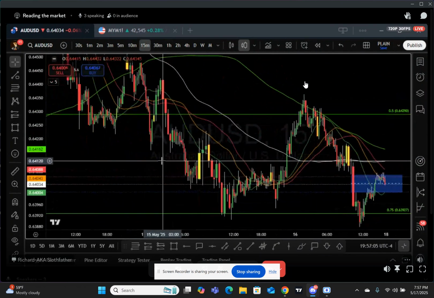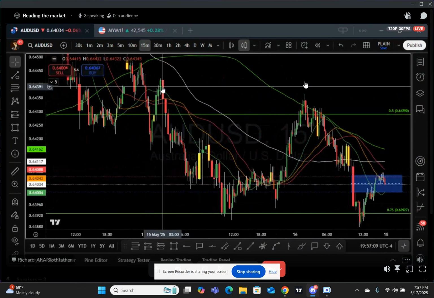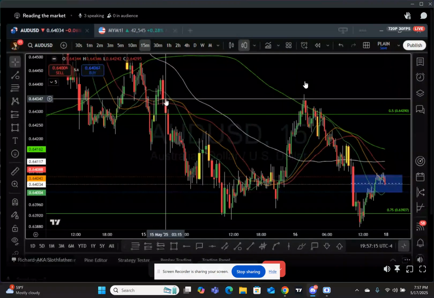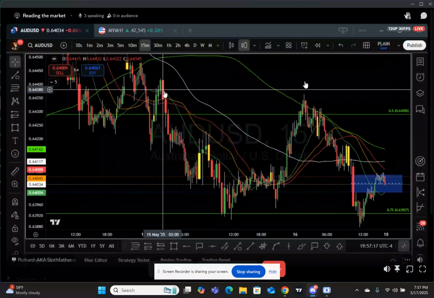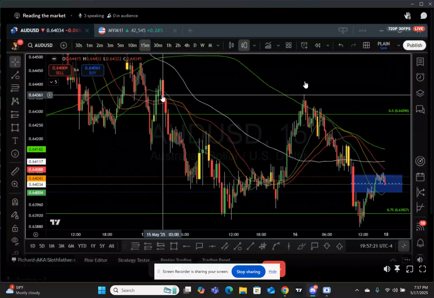Okay, so 3 a.m. is the London Open. And the London Open immediately starts pushing down. And this candle gives us back into the SMA area, but hasn't cleared it.